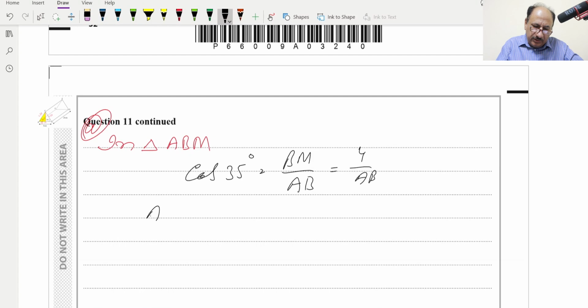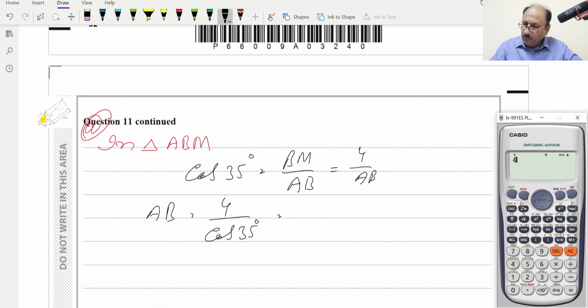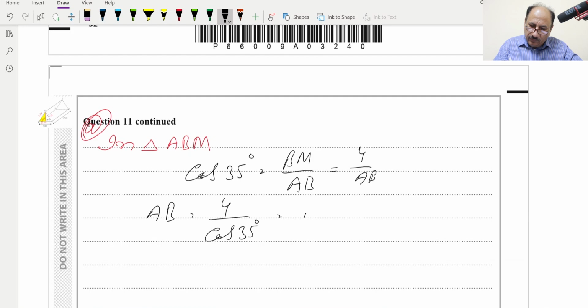Further, AB will be equal to 4 over cos of 35 degrees, which is equal to 4.88. This is our AB value.